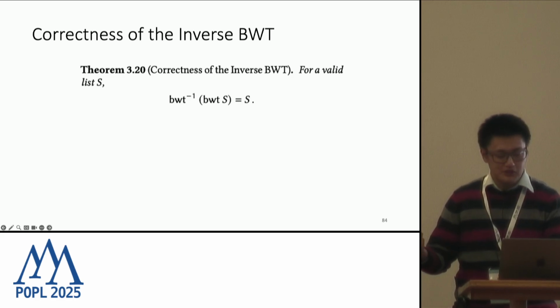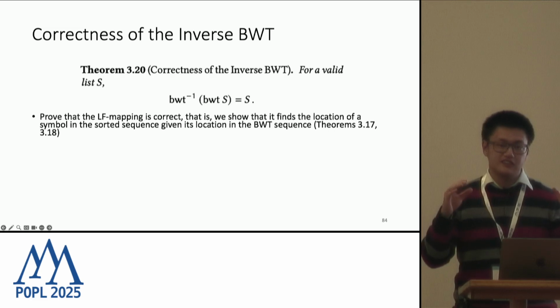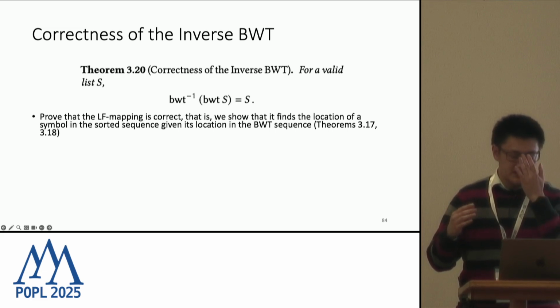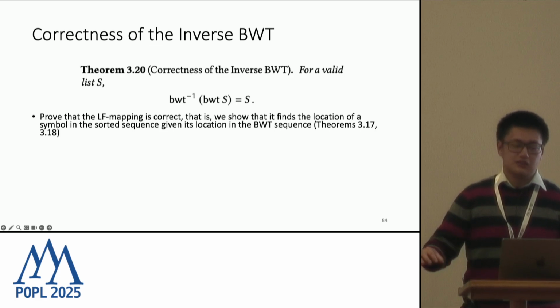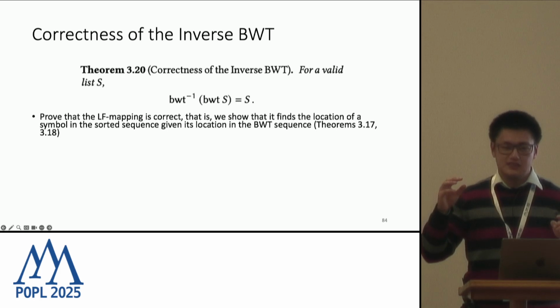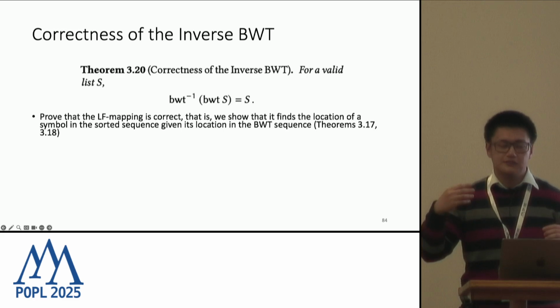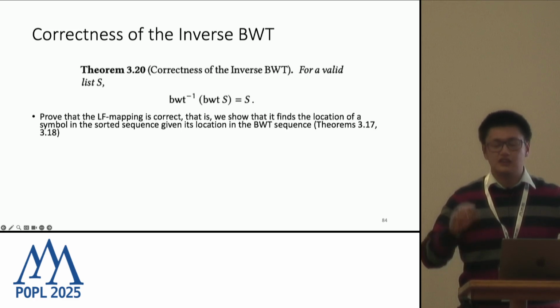And the way that we prove this is first we prove that the LF mapping is correct. Essentially, that argument boils down to showing that the ith symbol in the last column is the ith symbol in the first column.